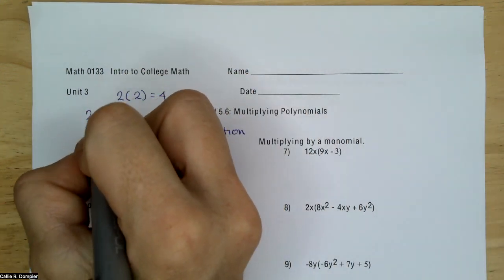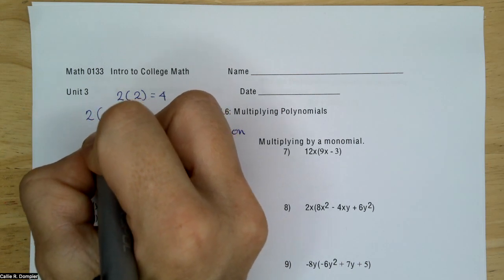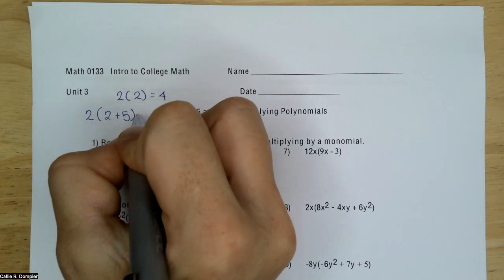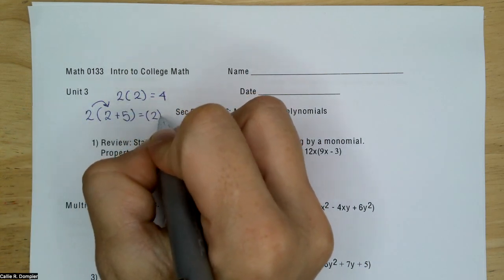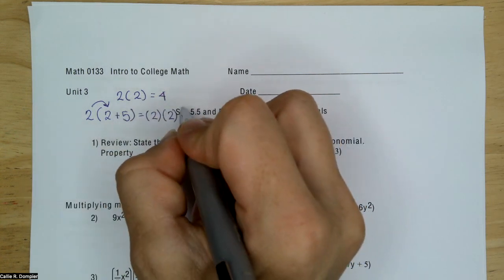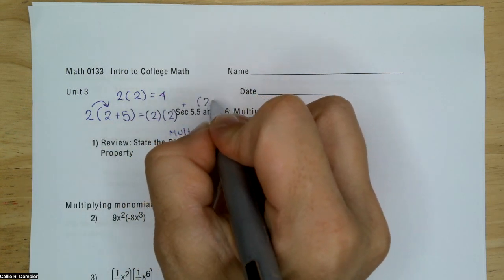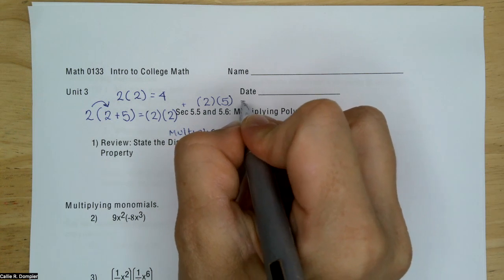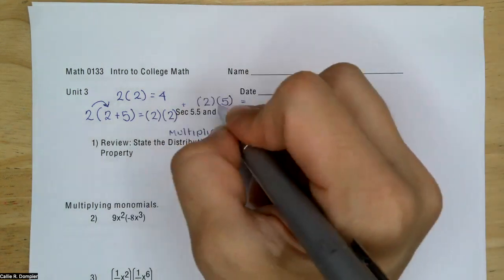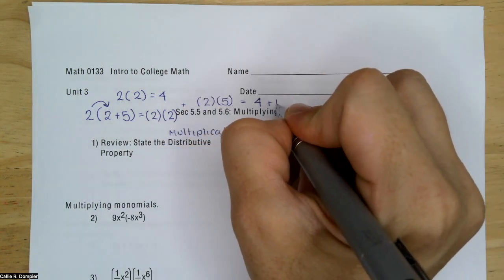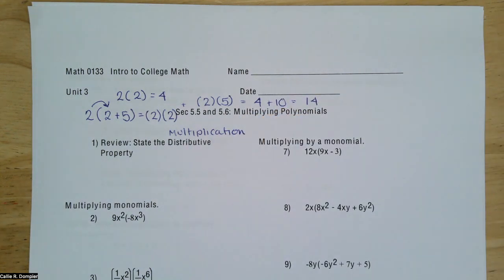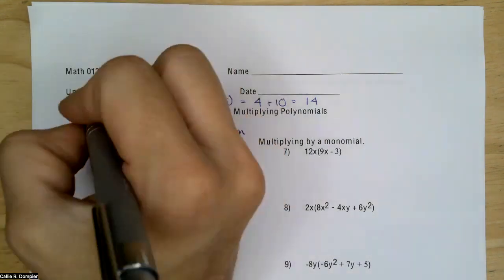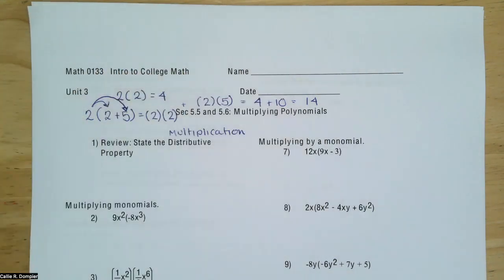And then the distributive property would be more like 2 times the quantity 2 plus 5 becomes 2 times 2 plus 2 times 5, which is 4 plus 10. So we took the 2 to multiply by 2, and took the 2 multiplied by a positive 5.